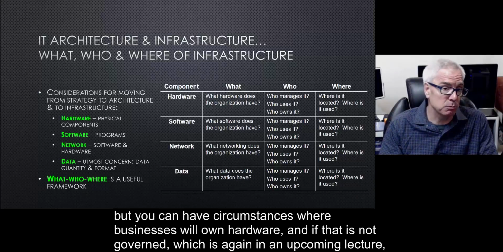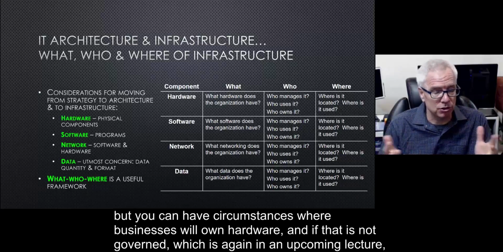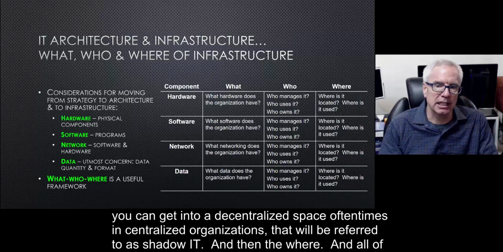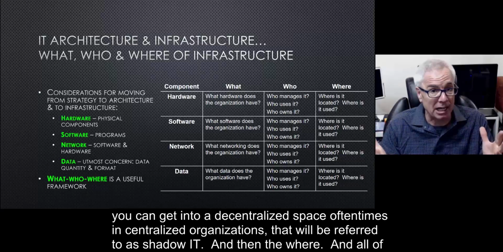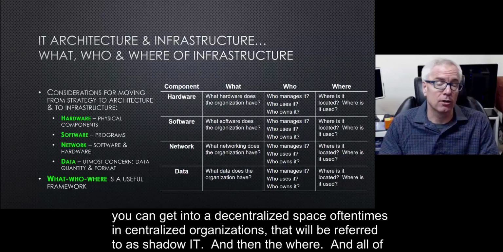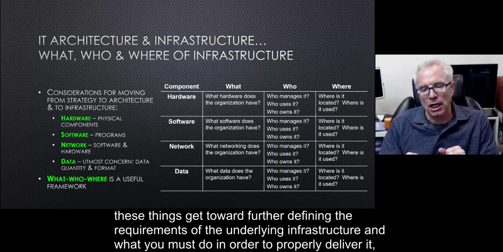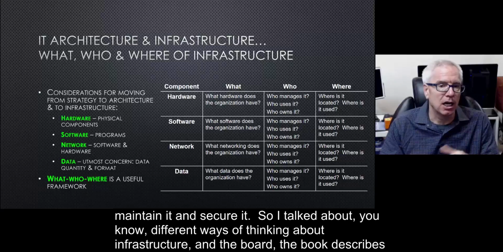But you can have circumstances where business areas will own hardware. And if that is not governed, which is again in an upcoming lecture, you can get into a decentralized space, oftentimes in centralized organizations referred to as shadow IT. And then the where, and all of these things get toward further defining the requirements of the underlying infrastructure and what you must do in order to properly deliver it, maintain it, and secure it.